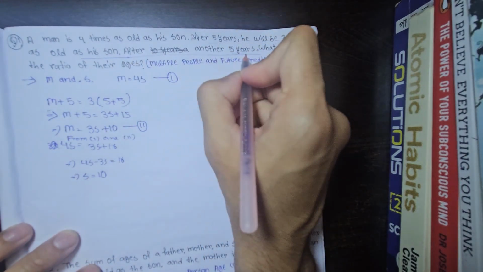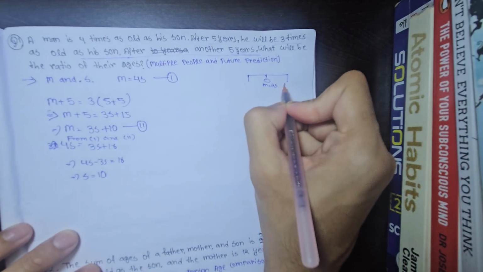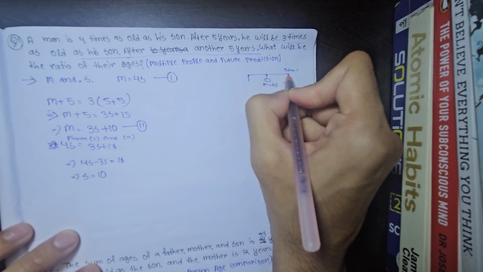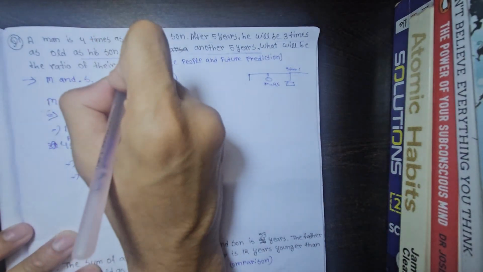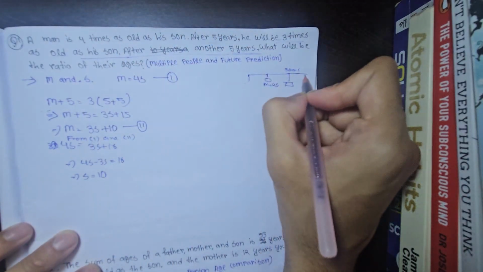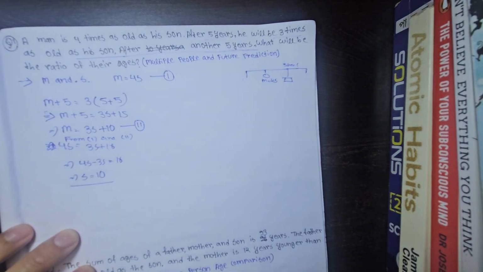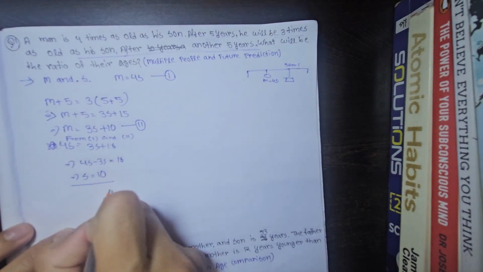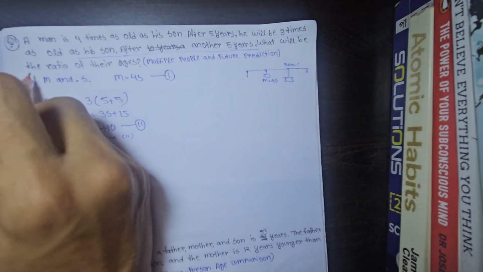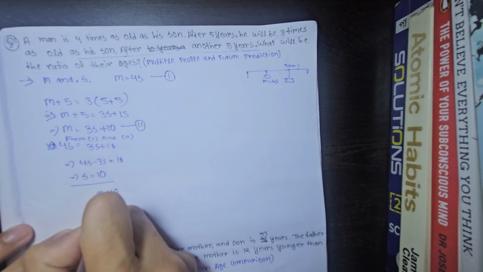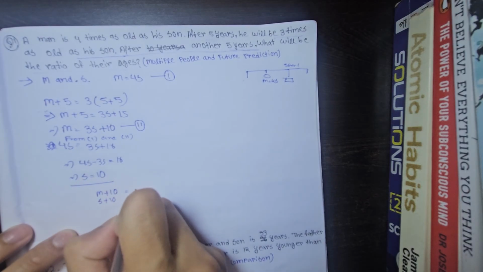And after that, after another 5 years, we are already 5 years in the future, and they are saying after another 5 years, that means we are going 10 years in the future. As we have the value of s, we can find the ratio of their ages, m plus 10 and s plus 10, right?